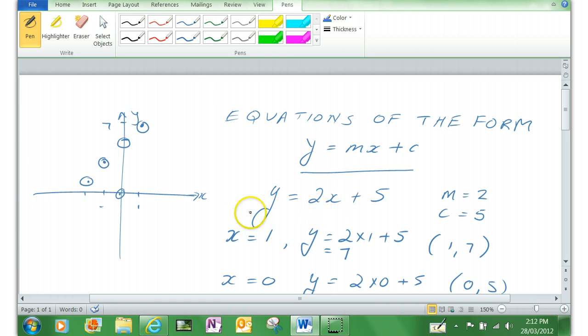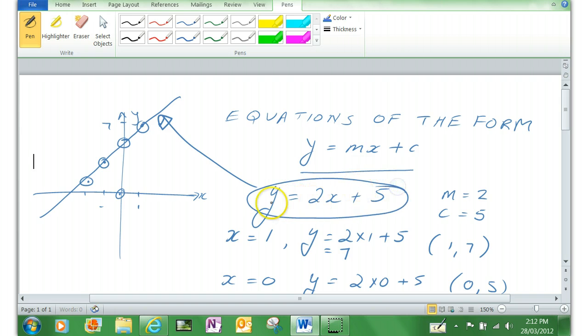And the next step is to realize that all of the points on this line satisfy this rule. So what we have is this rule is generating this line. What we can say is that that line is the line represented by that function or rule or equation.